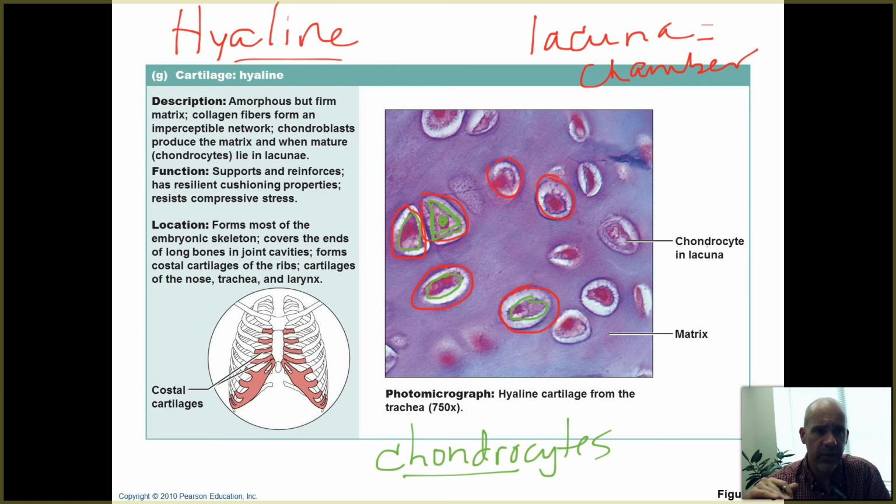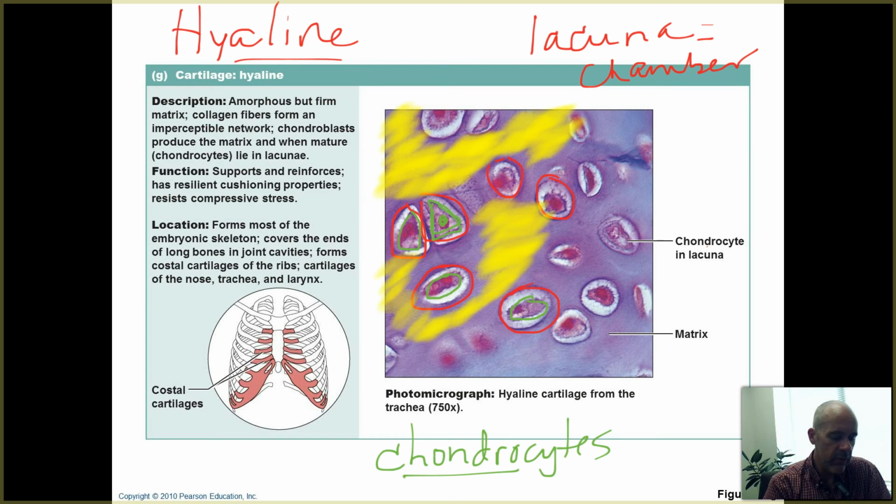All right, so just like in your proper connective tissues, you have your fibroblasts. Those are the cells that make a lot of the major molecules that you would find in the filler substance in the tissue. Same thing here. The chondrocytes are going to manufacture these substances that you have out in here in your filler substance. So this is your ground substance surrounding those lacunae. Lacunae is the plural of lacuna.